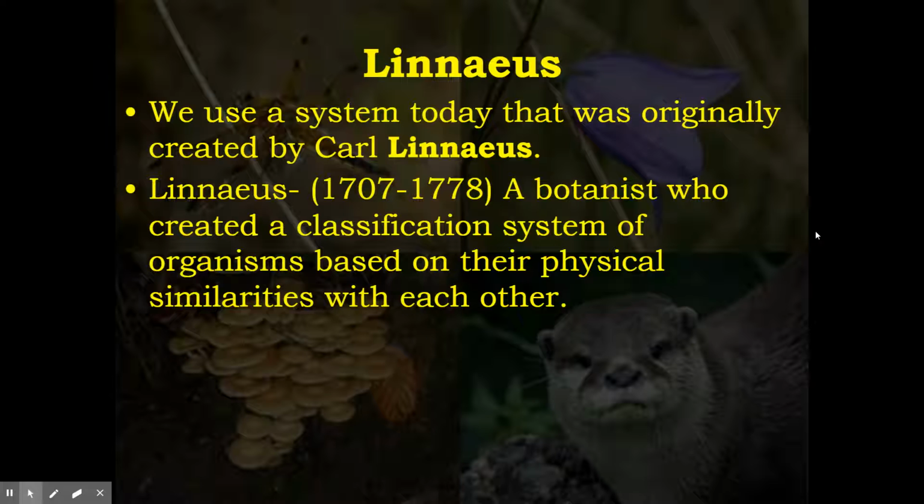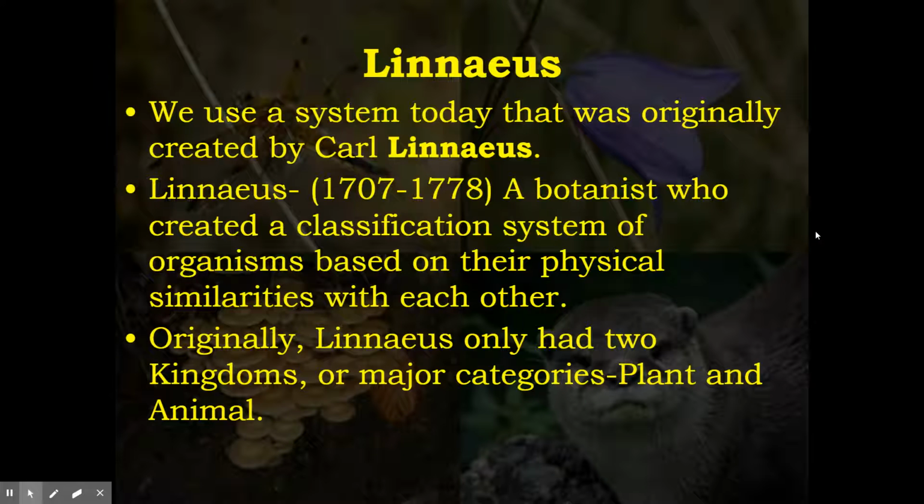So what he did was he actually looked at the organism and put them into different categories. Now, originally, he only had two choices. They were either plants or animals. So if someone brought him an organism, they would say, "Hey, Linnaeus, what is this?" And his only two choices were either it was a plant or an animal. Obviously, things have changed a bit since the 1700s.